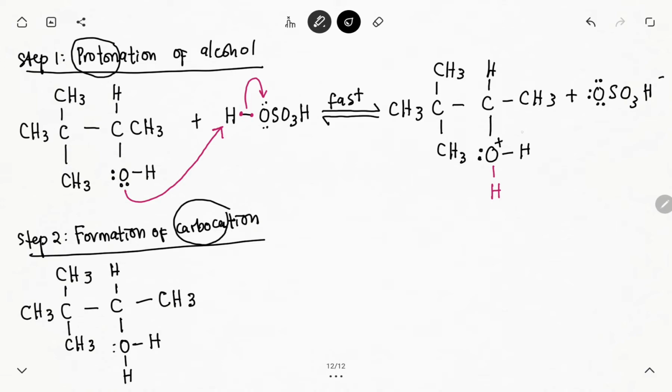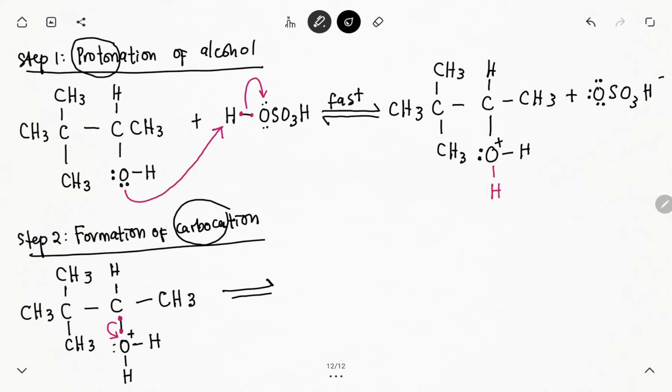So we copy again the organic compound. The positive charge is on the oxygen, so we know that this oxygen requires electrons. So what happened? The cleavage occurs between carbon and oxygen. The two electrons go directly to the oxygen, and the product can be formed.